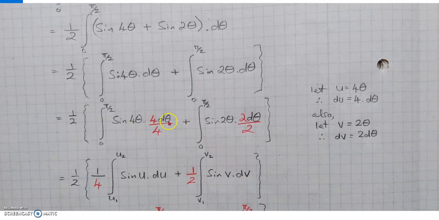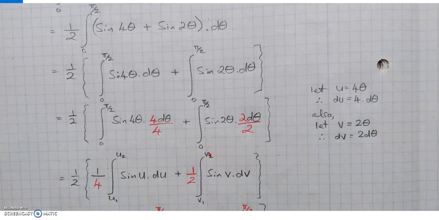The 4 d theta is du, the 4 theta is u, the 2 theta is v, and the 2 d theta is dv. Now, of course, you've changed the variables into u. So here, you can't use 0 and pi over 2 because they refer only to theta. Okay, so you've got to write u1 and u2, v1 and v2 there.